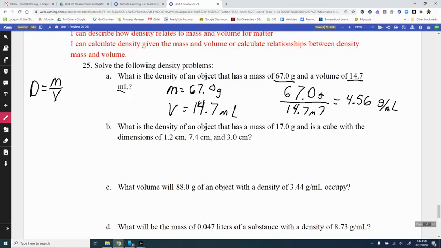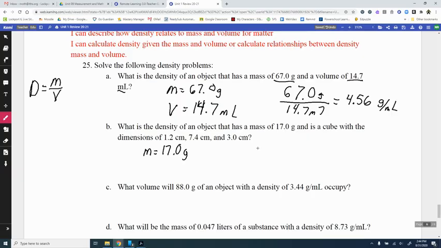Next one. What is the density of an object that has a mass of 17 grams? So mass equals 17.0 grams and is a cube with the dimensions of 1.2, 7.4, and 3.0. Now, since this is a cube, we can take these measurements and use the volume formula, which is length times width times height.